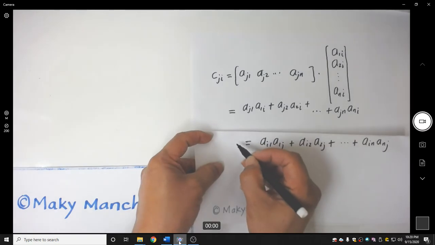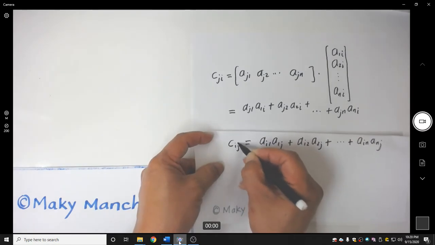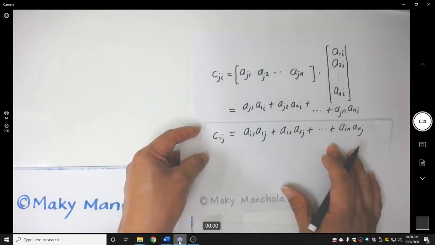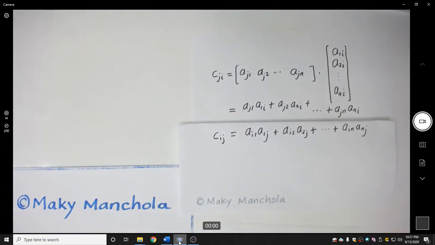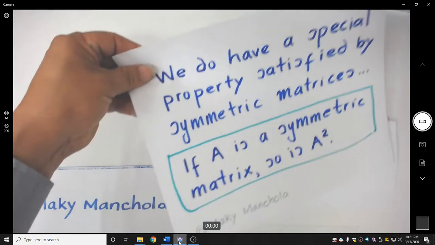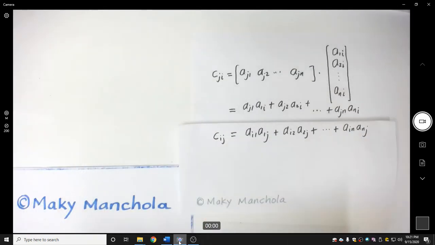Here is C_ij, and there is C_ji. But let's remember that, by hypothesis, our matrix A is symmetric. A is a symmetric matrix.